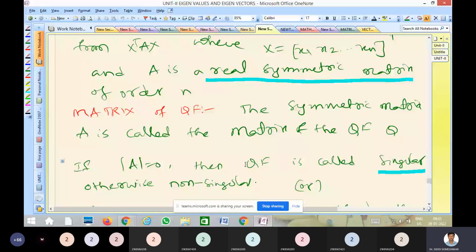Now we'll check how to find the symmetric matrix corresponding to the quadratic form with examples.